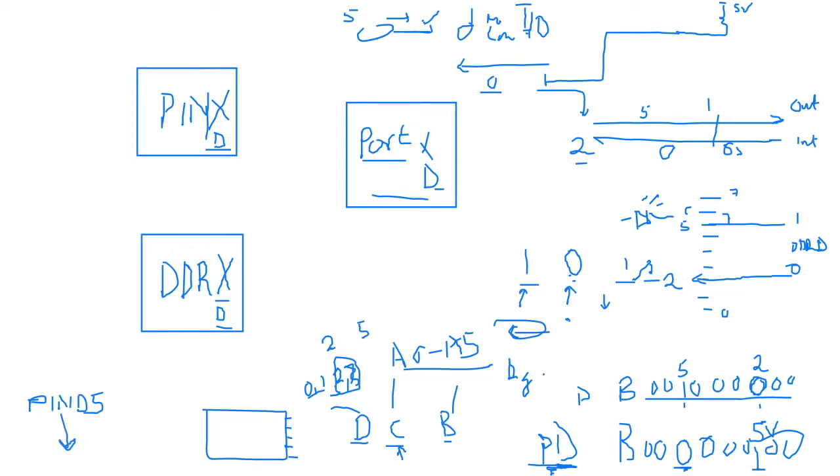Just look at it alone. At this point, D5 should return 0 because we've set D5 to 0. D2 should return a 1. So pin simply tells you the status of that pin. So it is a way of doing a digital read or an analog read.